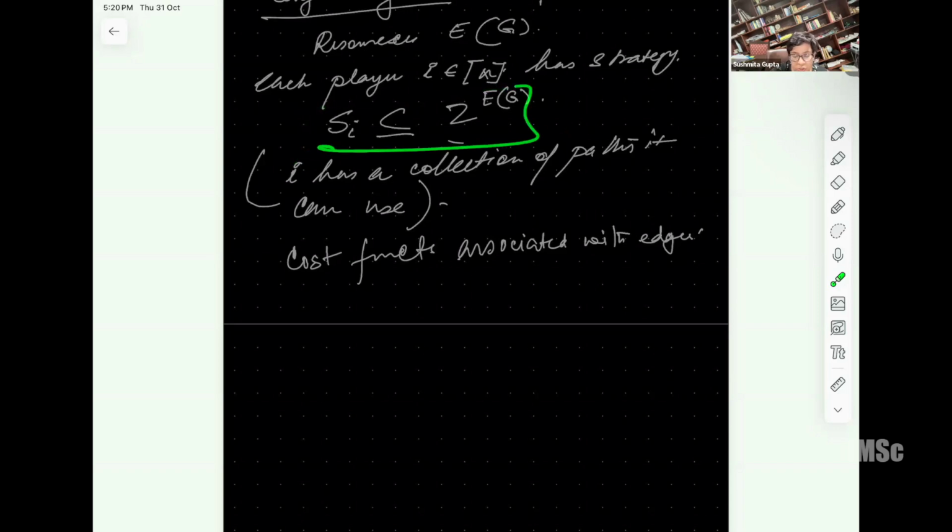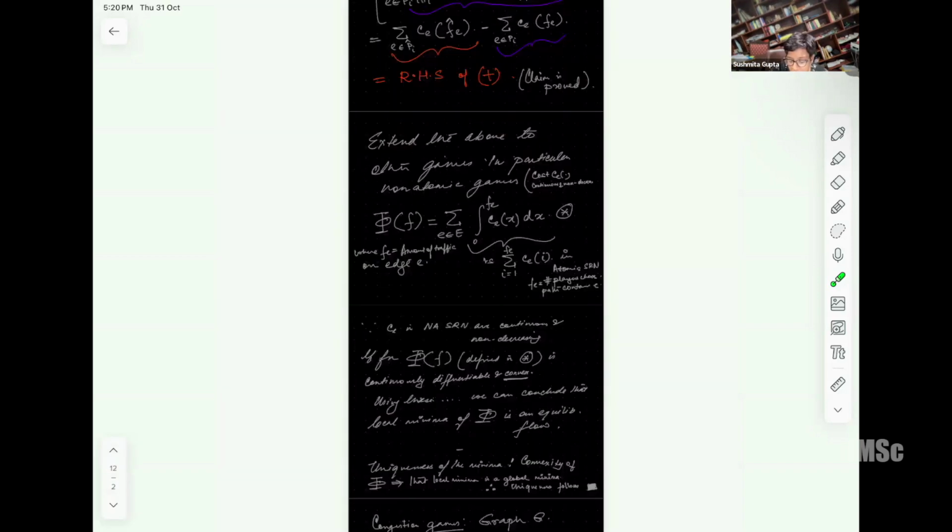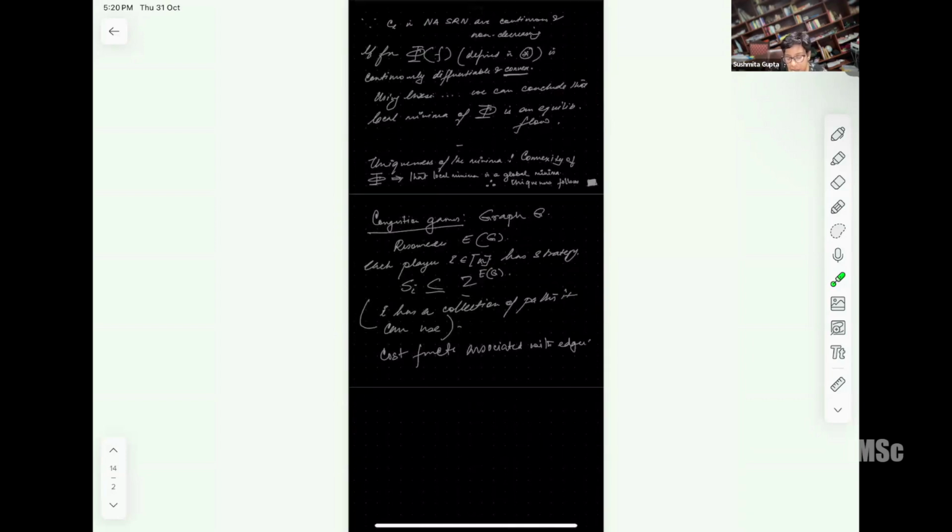So here it can be a lot more general. It's like I can clog up an edge just like that as an agent. It's not necessarily on paths and so on. So these results extend to congestion games, this more general class of games, but I don't know if we'll see it towards the end of the course. Maybe after the course we have some extra lessons, and in that we do it.